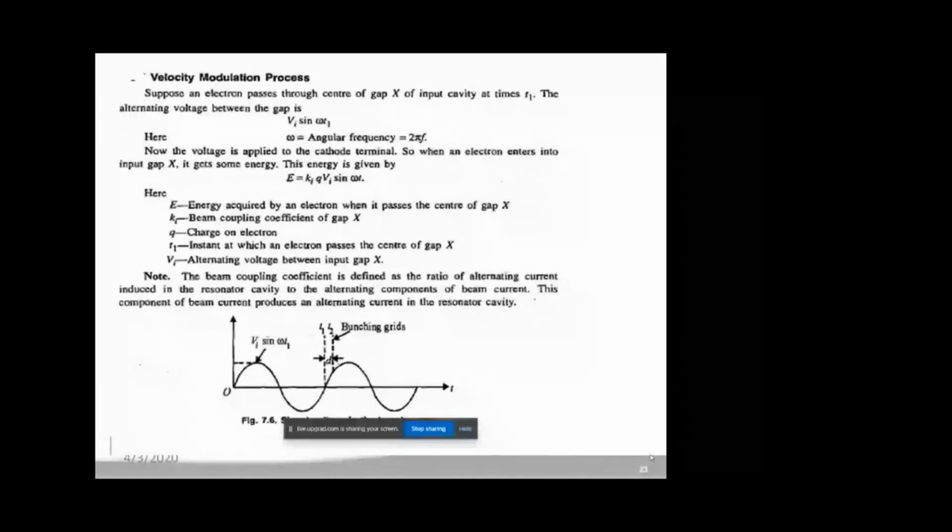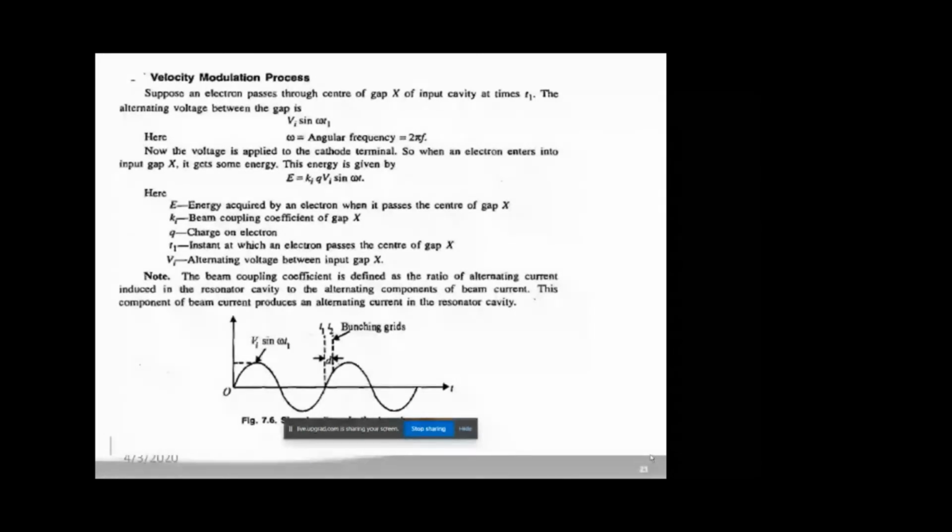This energy is given by E = Ki Q Vi sin(ωT1). Here E is the energy acquired by an electron when it passes the center of gap X.